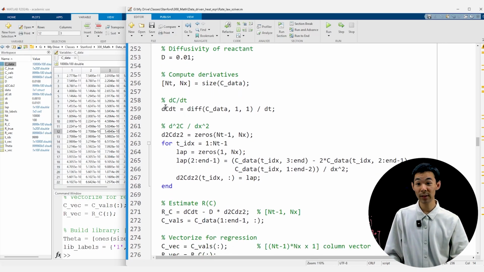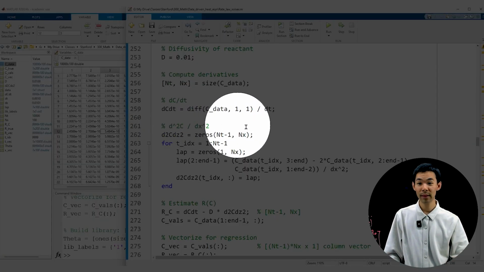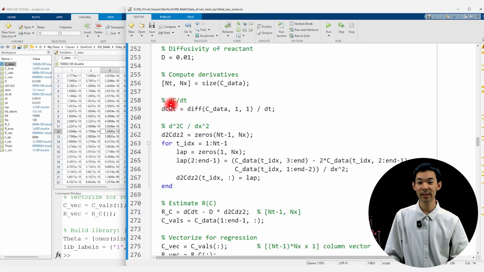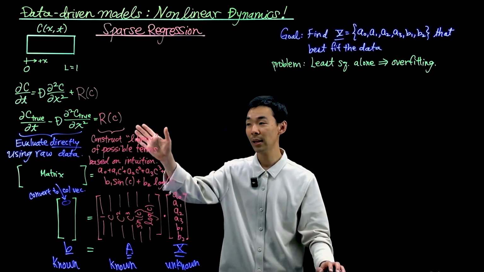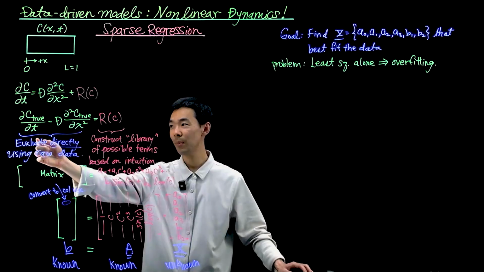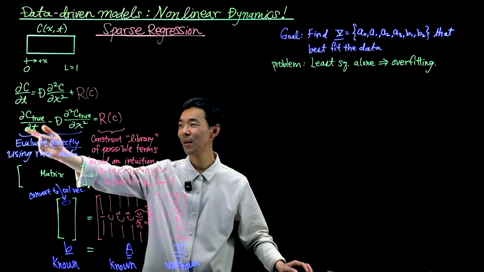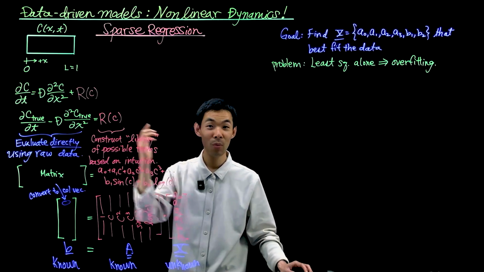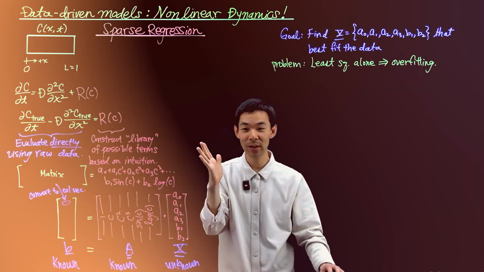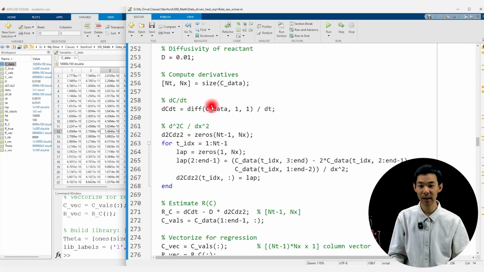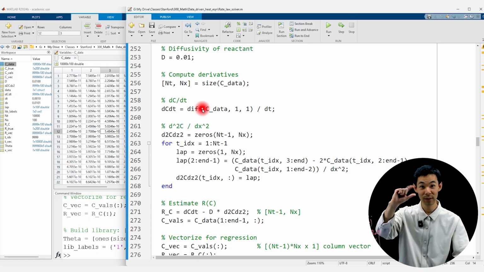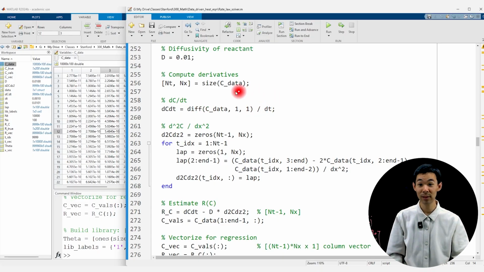And this is where I start to actually evaluate the left-hand side of the PDE. So this term is dc dt. So if you come back up to the board, this is this term, partial C true, partial time. We're just taking the data matrix over here in C data, taking the difference of that with their neighbor divided by dt. So this is just finite differencing in time step.